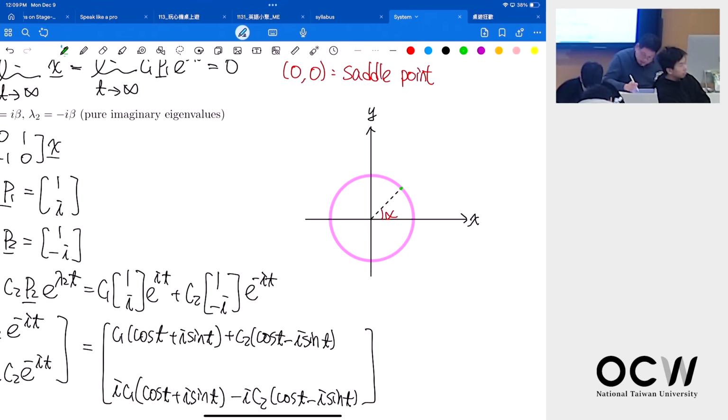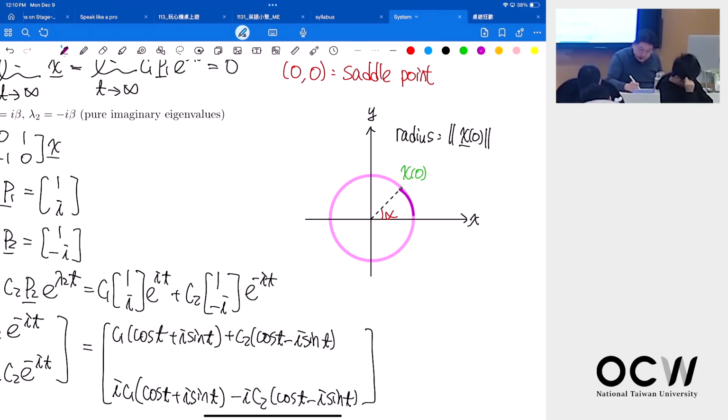Suppose x of 0 initial value is here. So in this case, if it is pure imaginary eigenvalues, they will just go around this circle. And the radius is a norm of your x in the initial position.